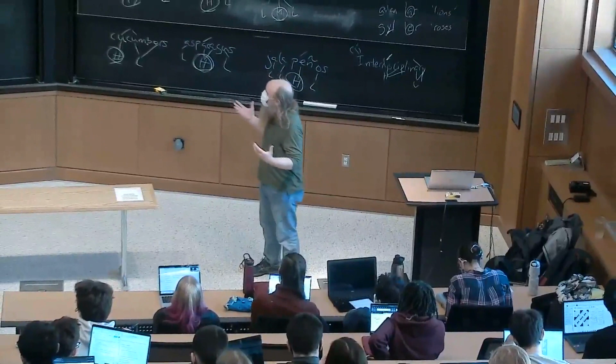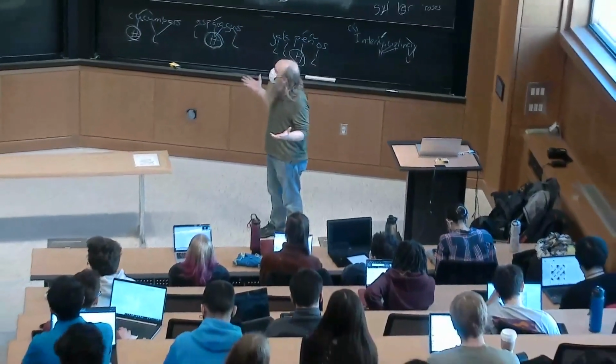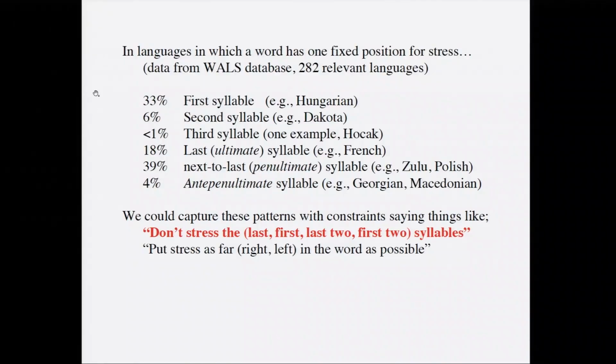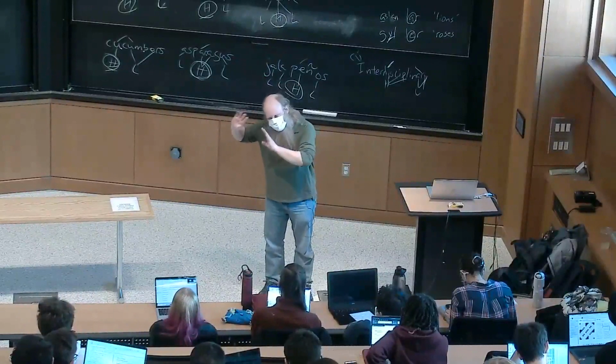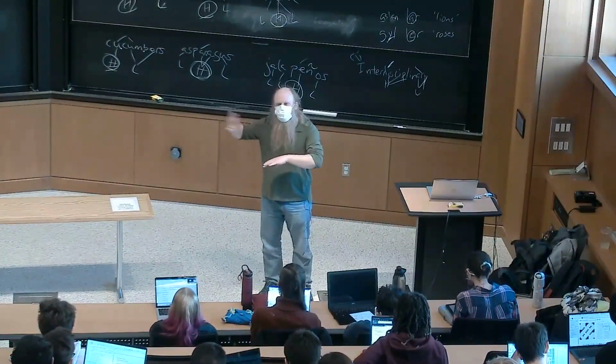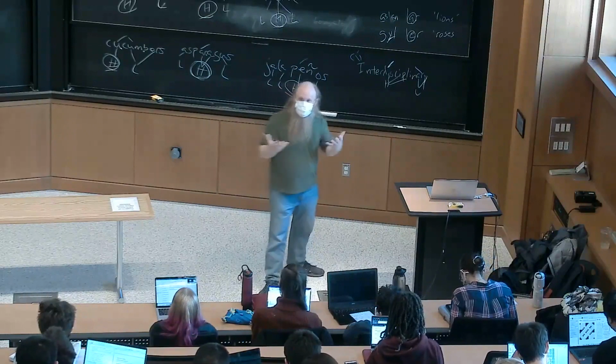So for example, the quite common pattern that you get in Zulu and Polish where you stress the next to last syllable, that's one that says put stress as far to the right in the word as you can, but don't stress the last syllable. So don't stress the last syllable, that's the most important thing, but putting aside that, put stress as far to the right as you can. That means put stress on the next to last syllable. That's one way of describing that kind of stress system.